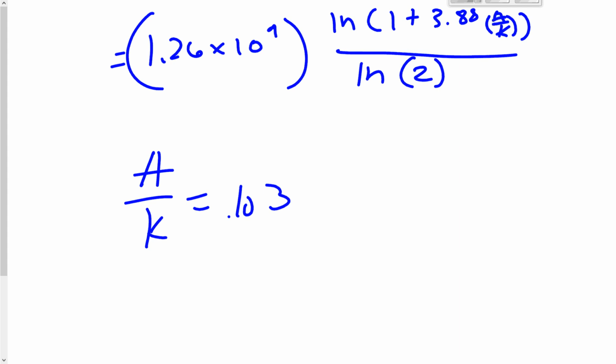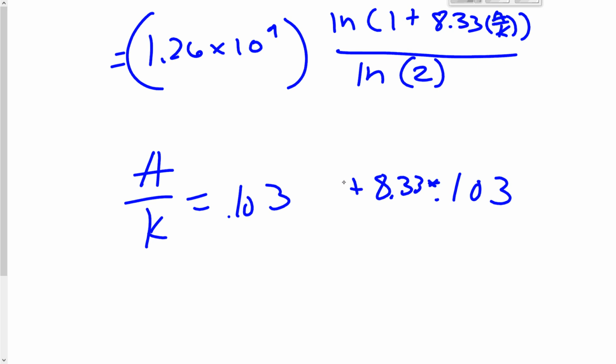Just let me make sure I get my number right. This is wrong. This is 8.33. Okay, so then we're going to take 0.103, and I want to multiply that by 8.33, and I get 0.85799, which I'm not even going to write down because I'm just going to keep that in my calculator.